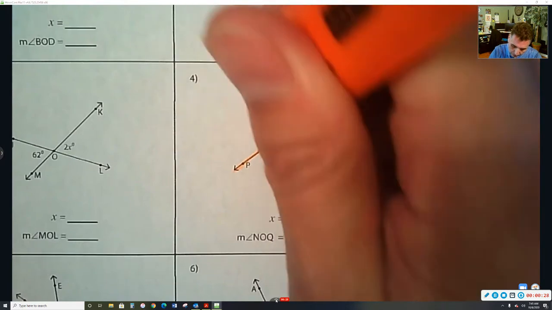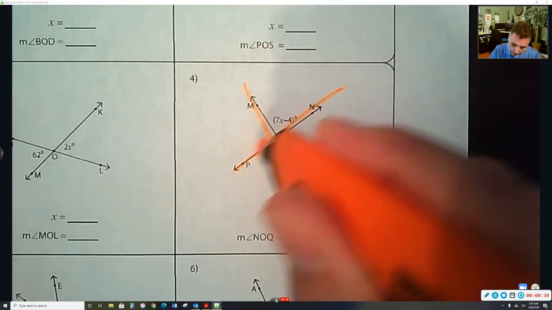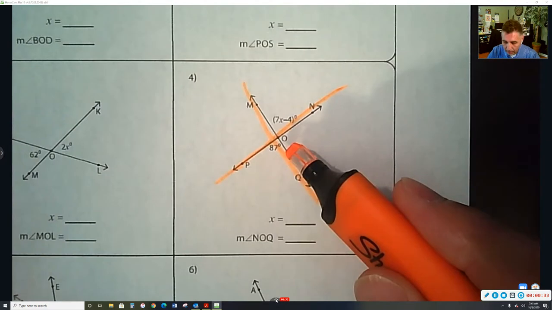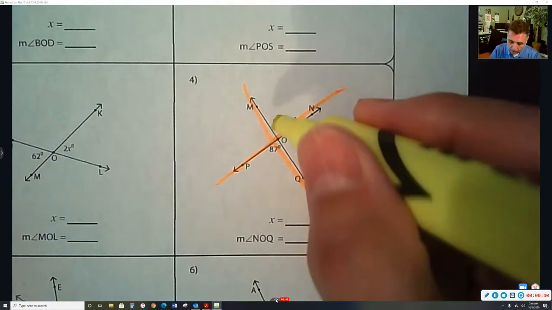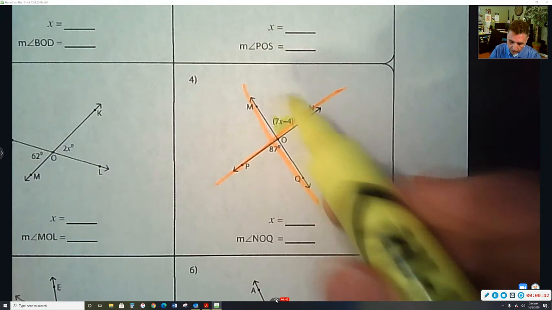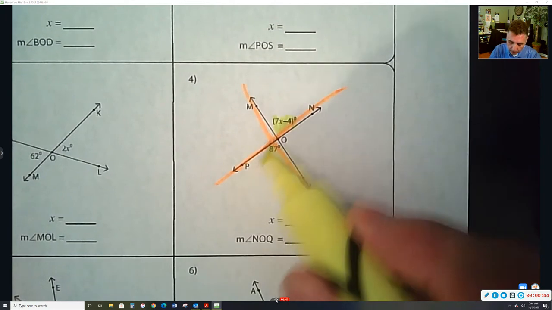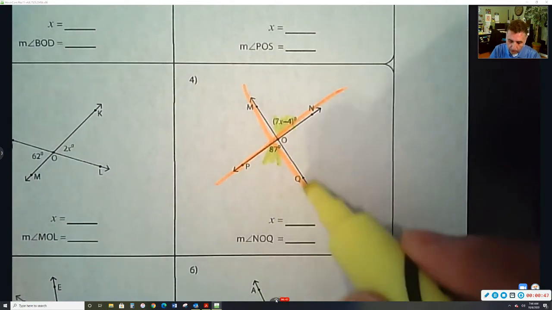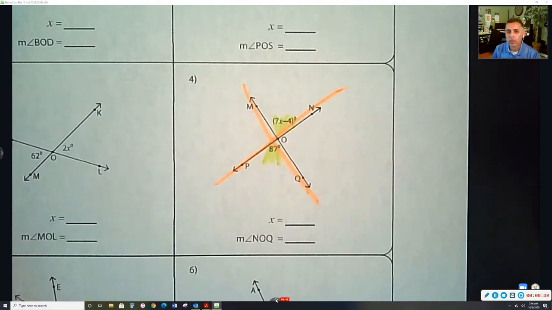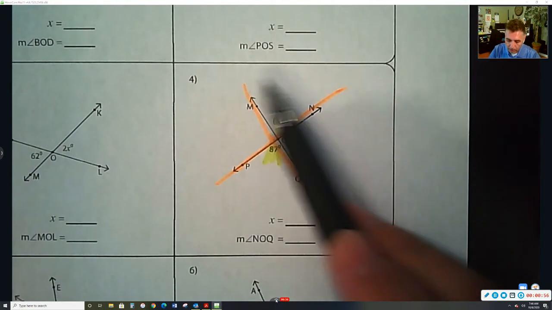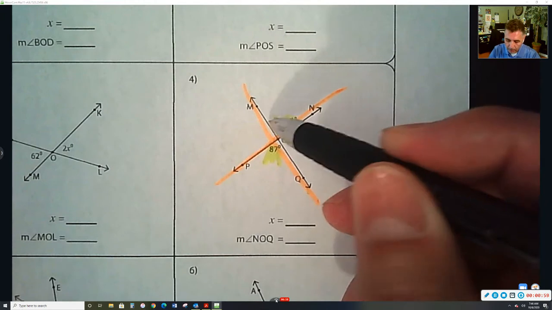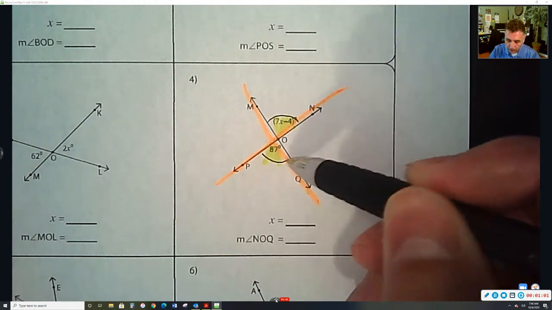So if you see these two, there's two lines here, right? And they're intersecting lines. And then the information that we have about the two angles, we know this top angle here, which is MON, and then the bottom angle here, which is POQ, we know those are vertical angles because the angles are formed by two intersecting lines, and the angles are across from each other.